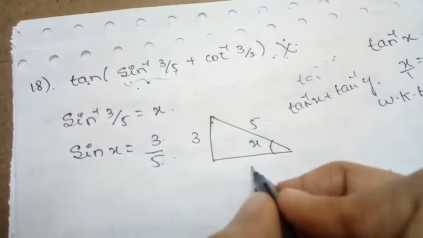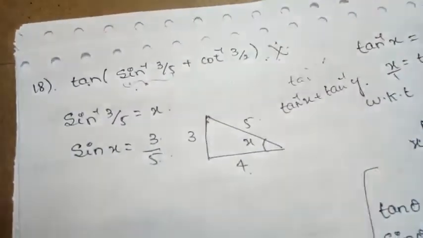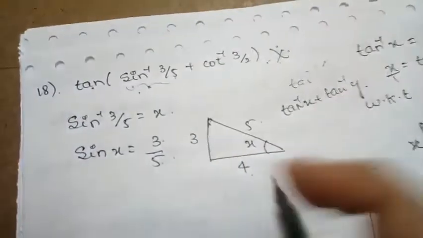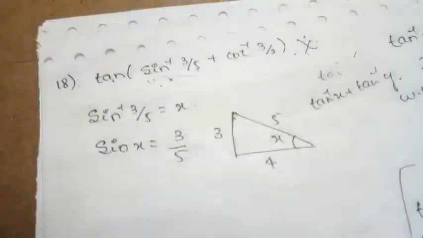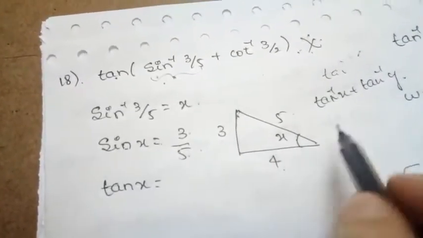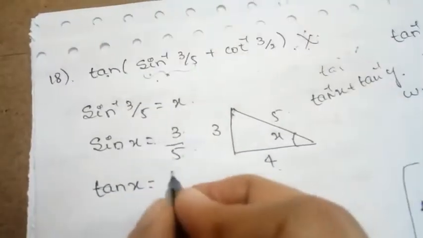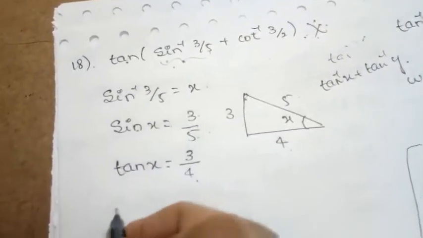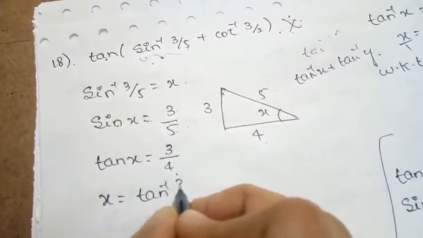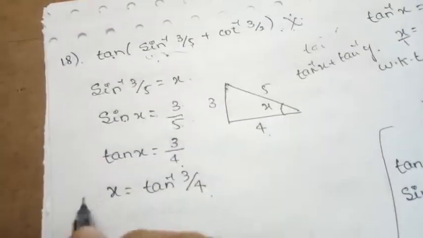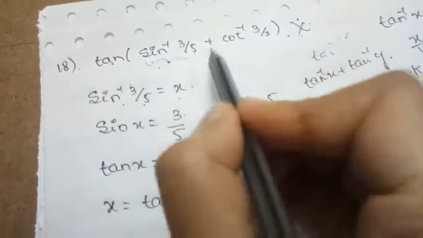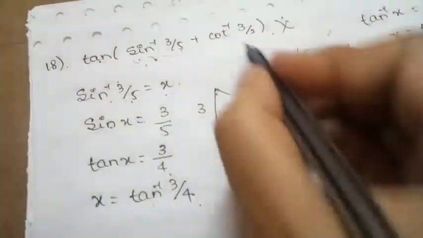By using Pythagoras theorem, the adjacent side is 4. Now what about tan x? Clearly tan x is opposite by adjacent, so it is 3 by 4. So clearly x is equal to tan inverse of 3 by 4. So I can replace sin inverse of 3 by 5 by tan inverse of 3 by 4.